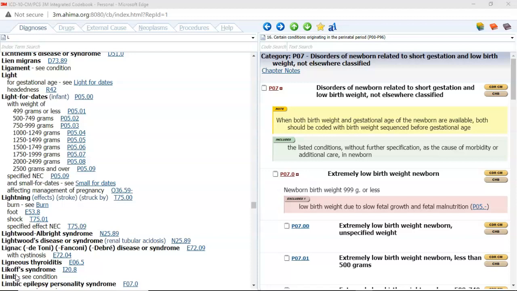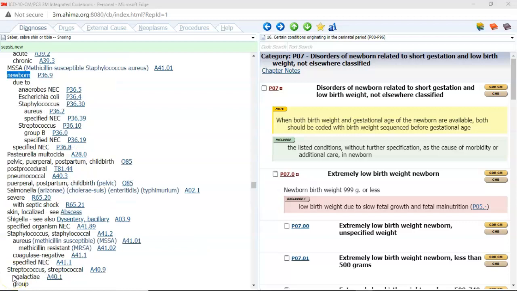The next guideline talks about bacterial sepsis of the newborn, and that is category P36. Now, in the index, if you go to sepsis and newborn, you will find these codes, and you can see that there are codes that are specific to organisms.